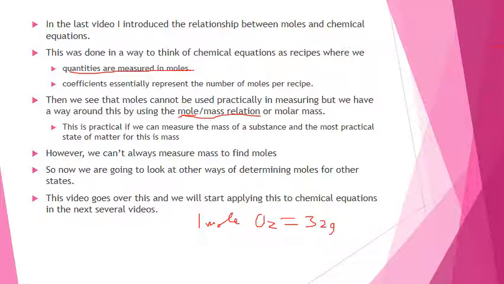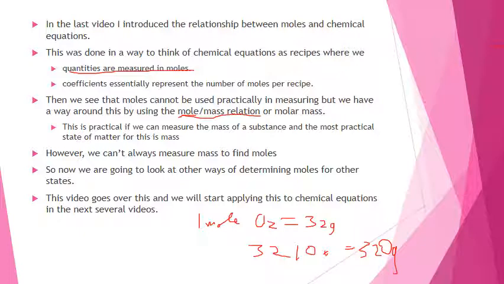Okay, and if I have 10 of them, I do 32 10 times, and I get 320 grams of oxygen, which is the same as 10 moles of O2. Okay, so even though we can't use the moles in the chemical formulas, we have a way around it to figure out the moles given the mass.